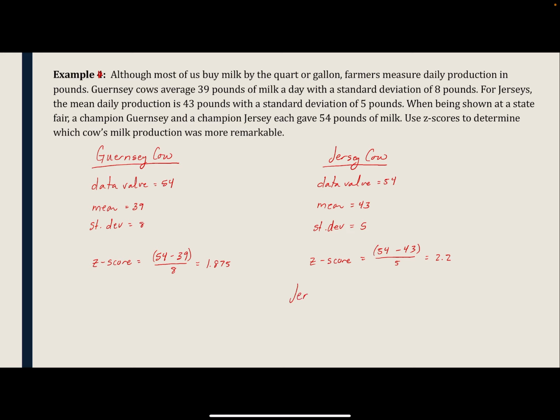So we would say the Jersey cow's milk production is more remarkable because its z-score is further above the mean.